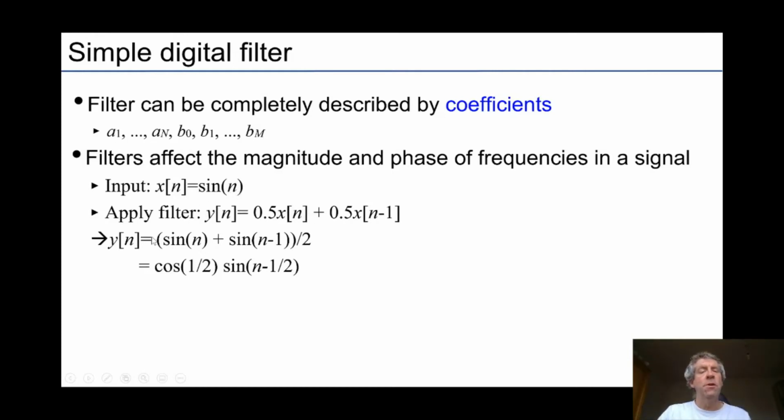The output then is y of n equals sine of n plus sine of n minus 1 over 2. I just took these two coefficients, 0.5 and 0.5, and made it over 2.